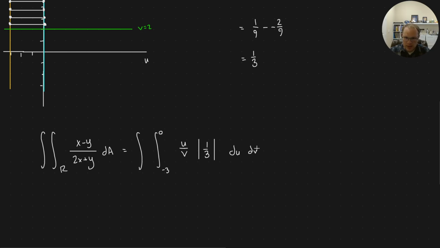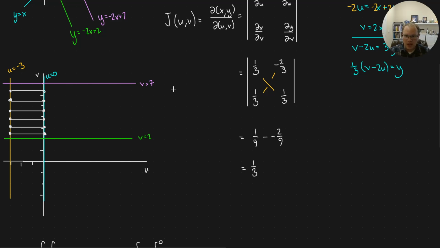And now let's integrate with respect to v. So once we integrate with respect to u, it collapses that dimension. I'm left with only v. And we could see v is going to range from 2, I've kind of covered it up here, but v equals 2 to v equals 7.